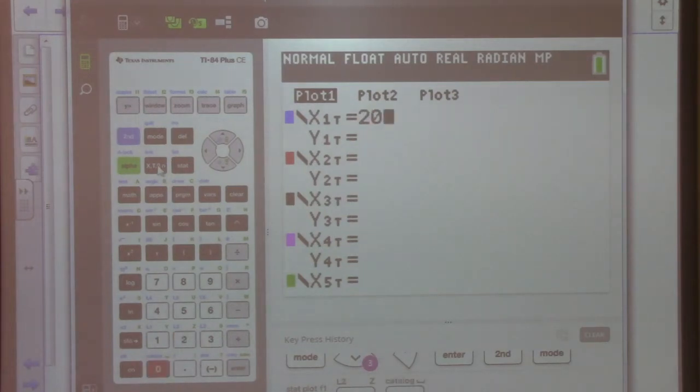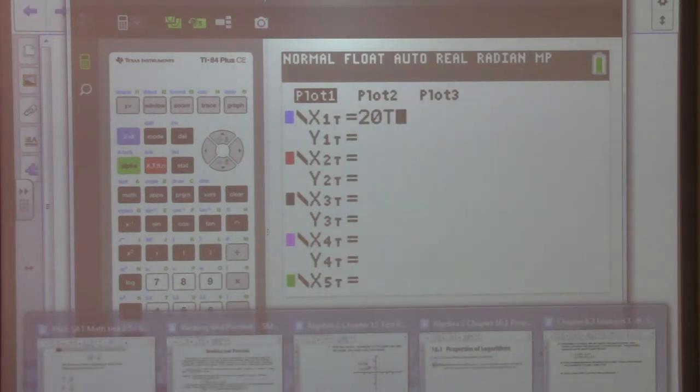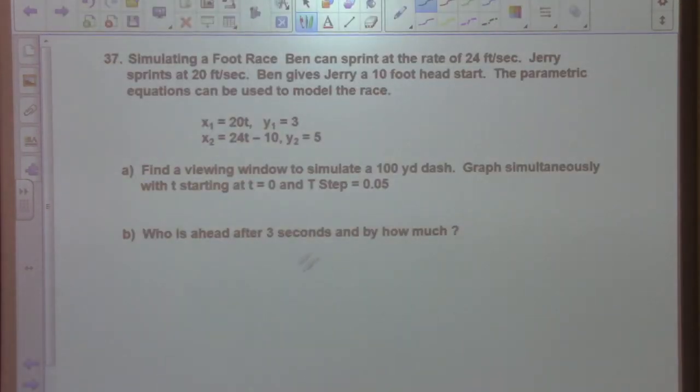Then the second one we have is 24t minus 10, and also we have y1, y2.